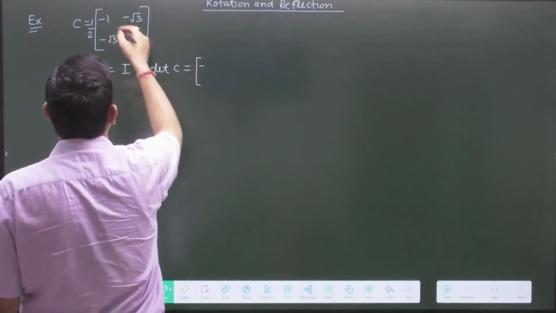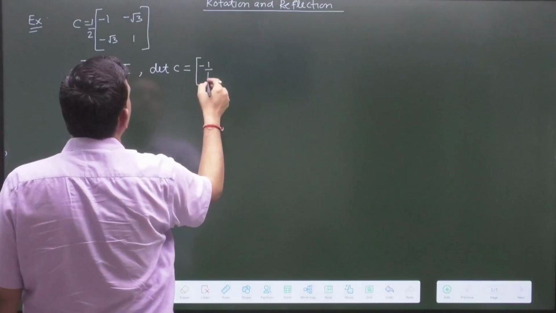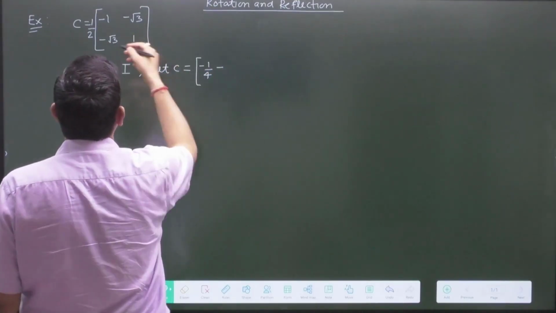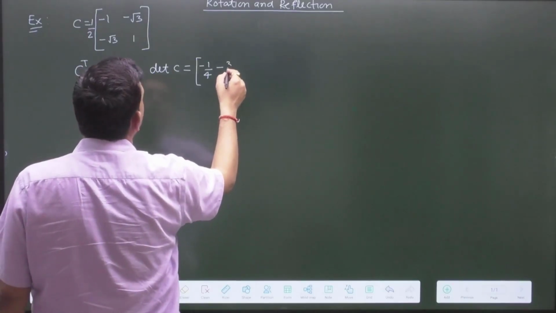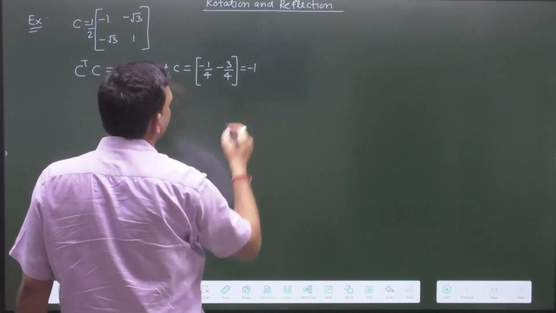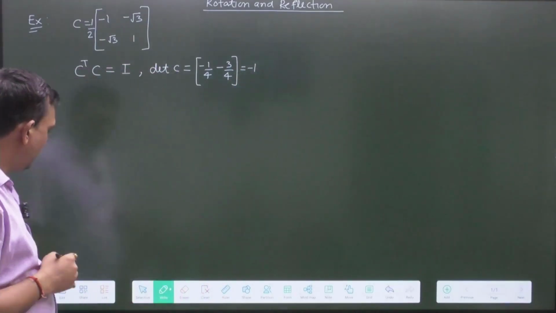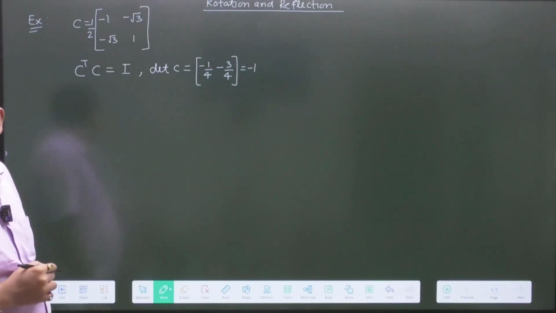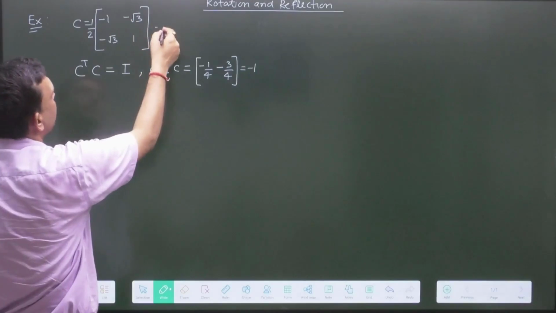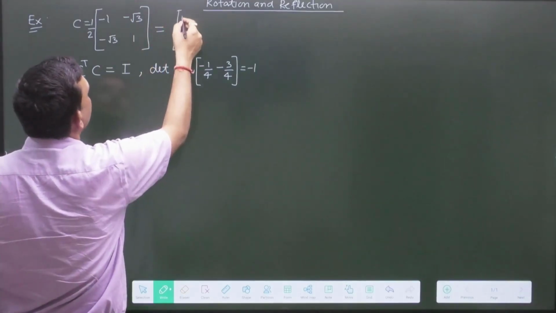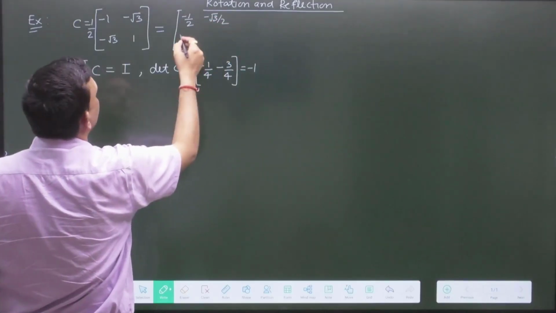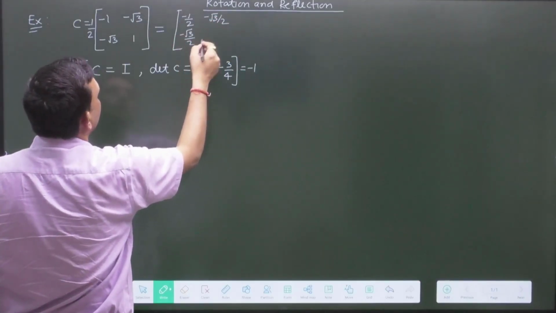So you will get minus 1 by 4 and then minus 3 by 4. So this value is minus 1. You have to multiply the 1 by 2 as well. First, this matrix you have to write as minus 1 by 2, minus root 3 by 2, minus root 3 by 2, 1 by 2.